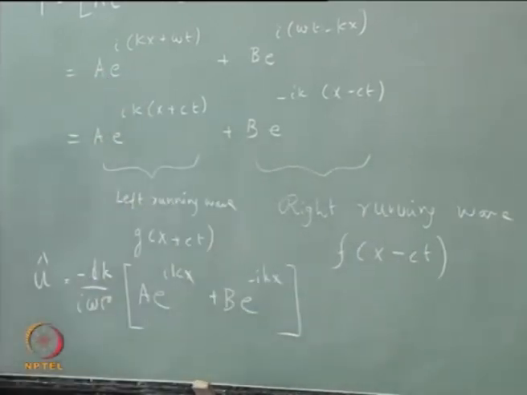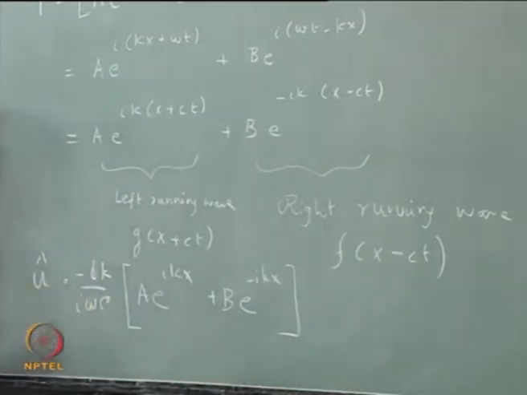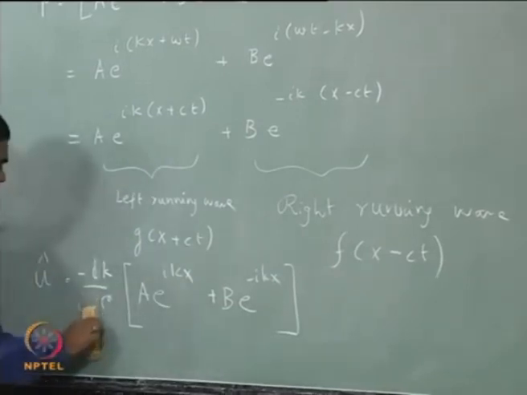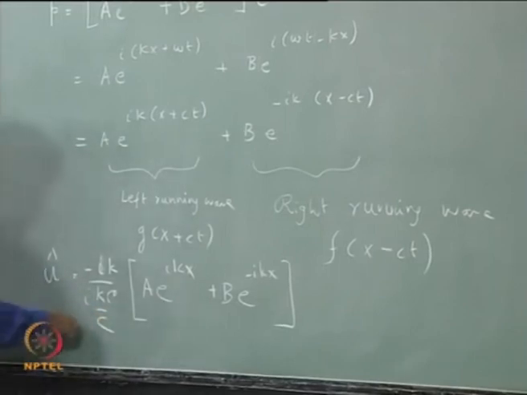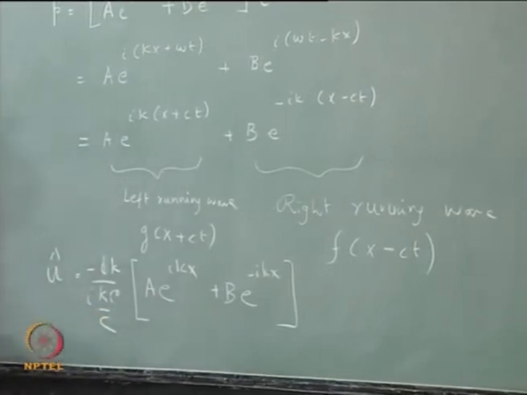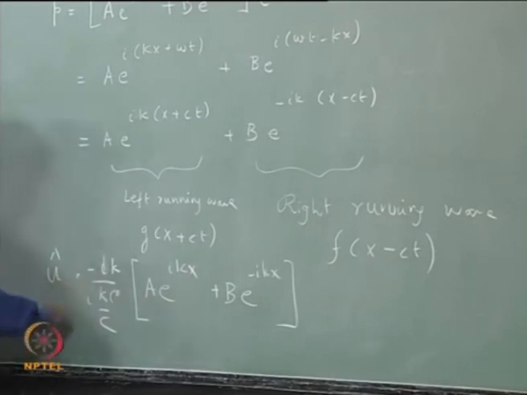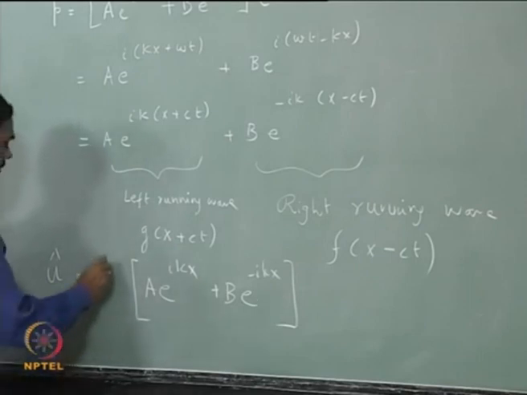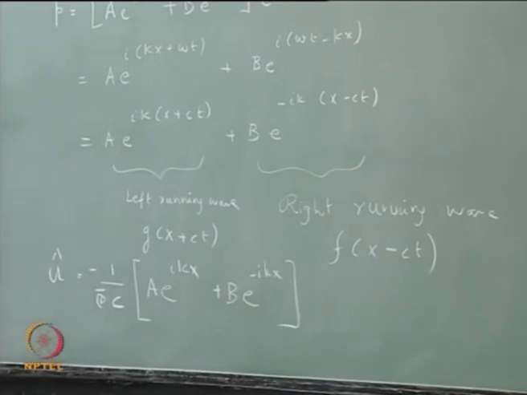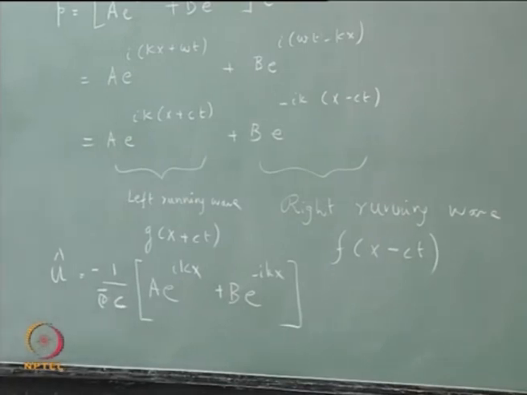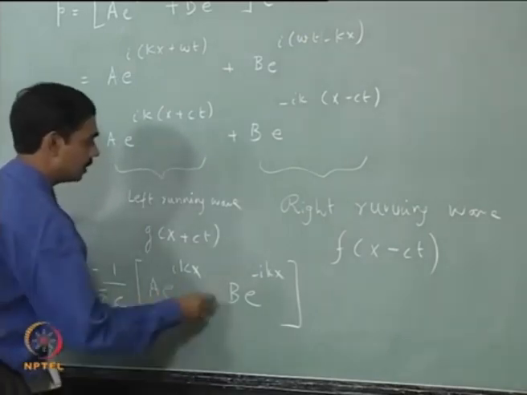So we can replace omega as k over c, so this in turn becomes, so the k's can cancel, rho c comes to the top, so this will indeed be minus 1 over rho bar c. I made a mistake, there should be a minus sign here.